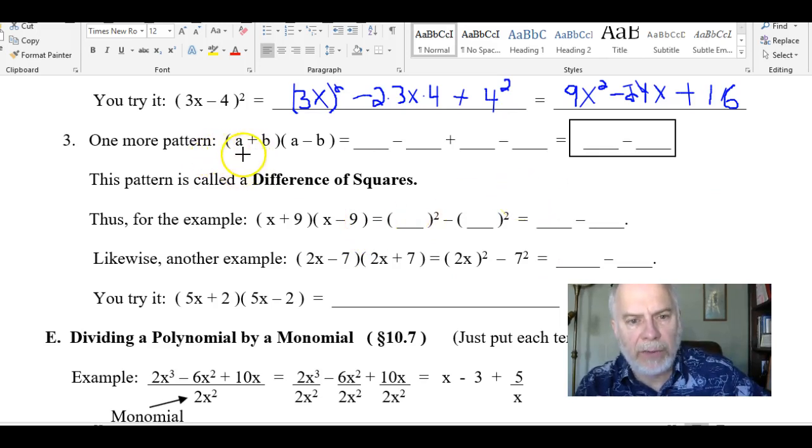One more pattern. If you have a plus b times a minus b, you go a times a. That again would be a squared. I just can't write a 2. Outside terms, negative ab. Inside terms, positive ab.